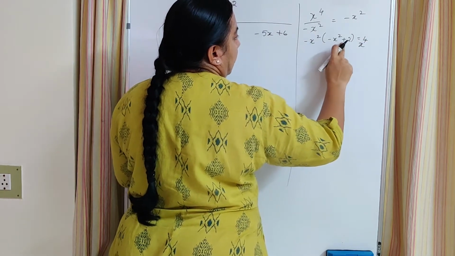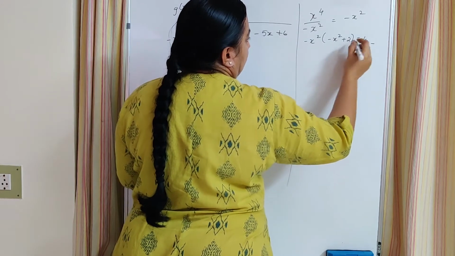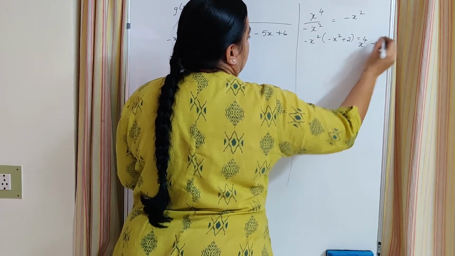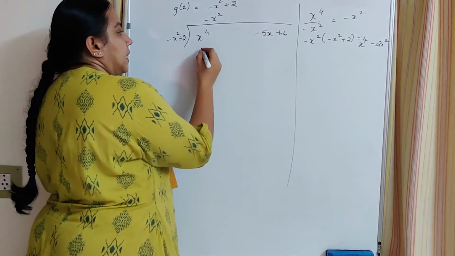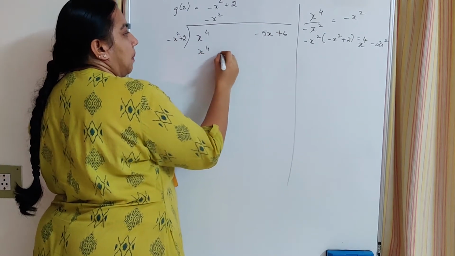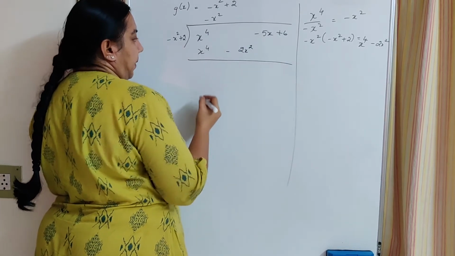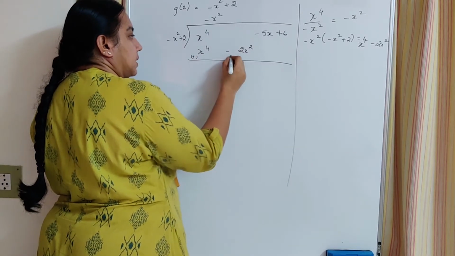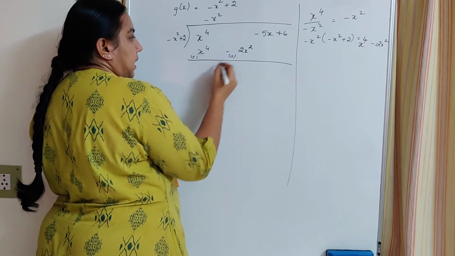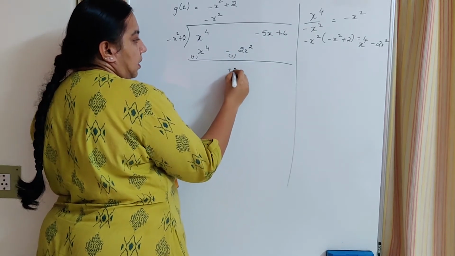Okay. And then minus into plus, minus 2x square. So I am writing it here as x power 4 minus 2x square. I subtract, so I am changing the symbols. This term gets cancelled, only this term comes down.